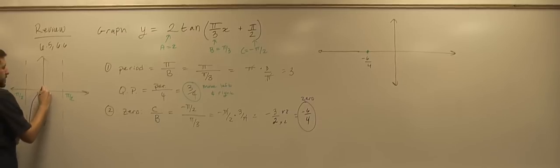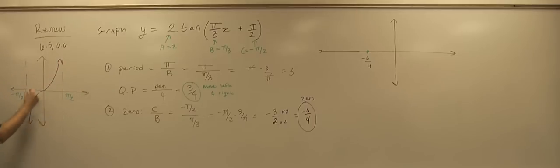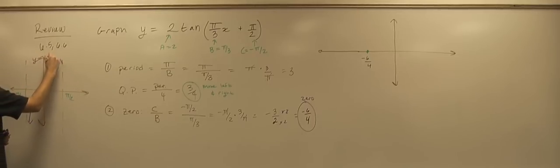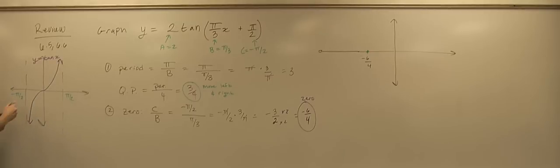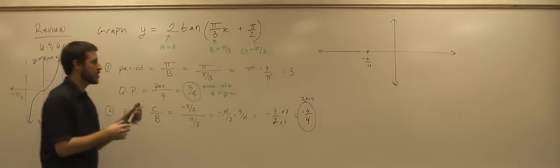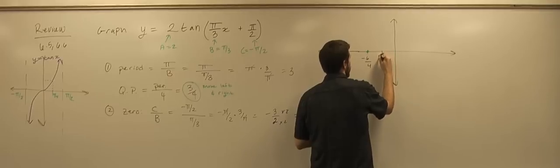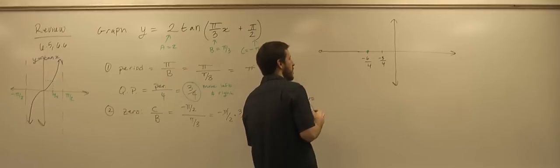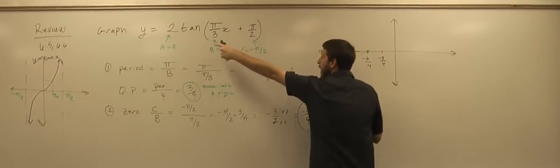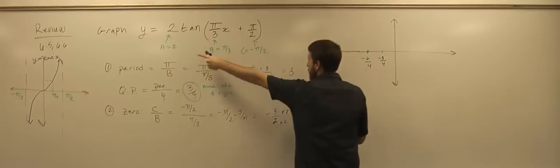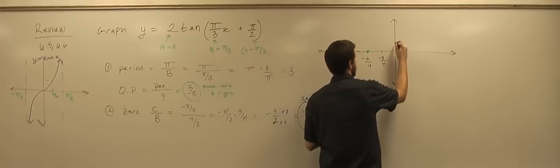So this is the original tangent graph. On the original, when you go over pi over 4, one of the quarter periods, you get out the A value, which in this case was 1. So in this new tangent graph, when I go over a single quarter period to negative 3 over 4, not pi, just negative 3 over 4, I'm going to go up to the A value, which is 2. This is almost like an amplitude. You go up 2.